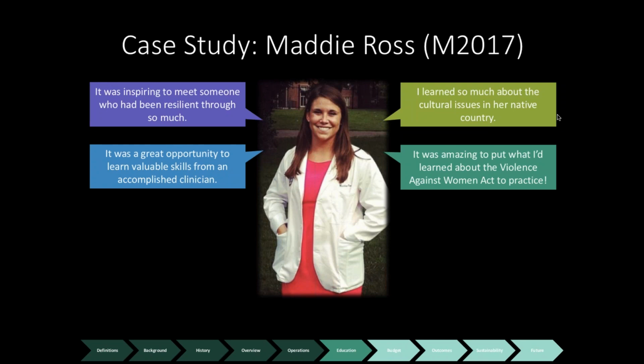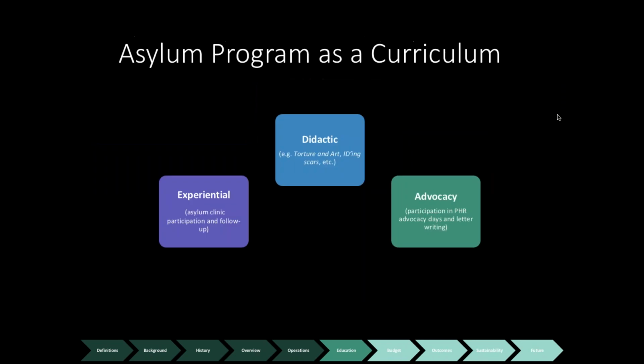But we don't think a lot about the countertransference of resilience, but it really is a real phenomenon, and I think Maddie experienced that. So we're glad that it seems that our educational model is working.